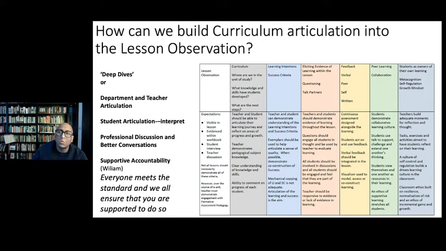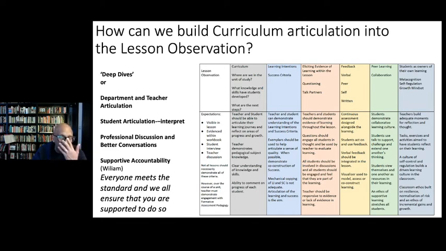Okay, so now I've added curriculum to my map of everything that I want to see and to be able to discuss with a teacher when I see them in a lesson. And what I want you to think about is this as a model versus Ofsted's slightly disgusting phrasing as far as the deep dive.